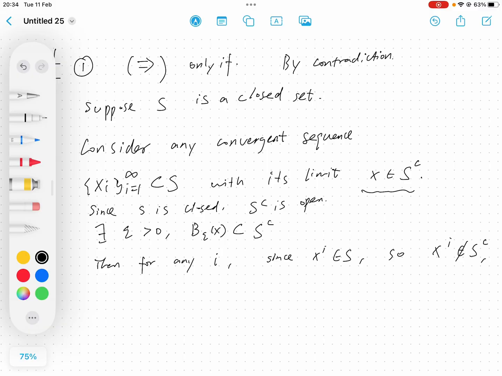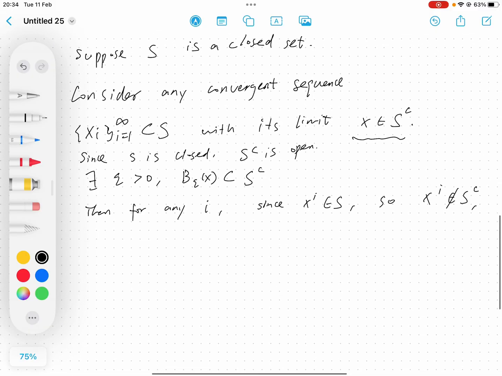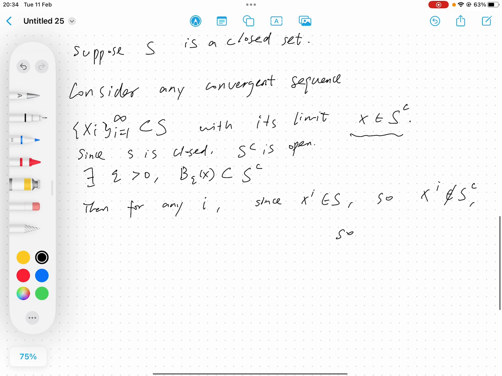It means that this epsilon ball centered at X is in Sc. So since xi is not in Sc, xi must not be inside of that ball, right? The same for xi is not in this epsilon ball with X.